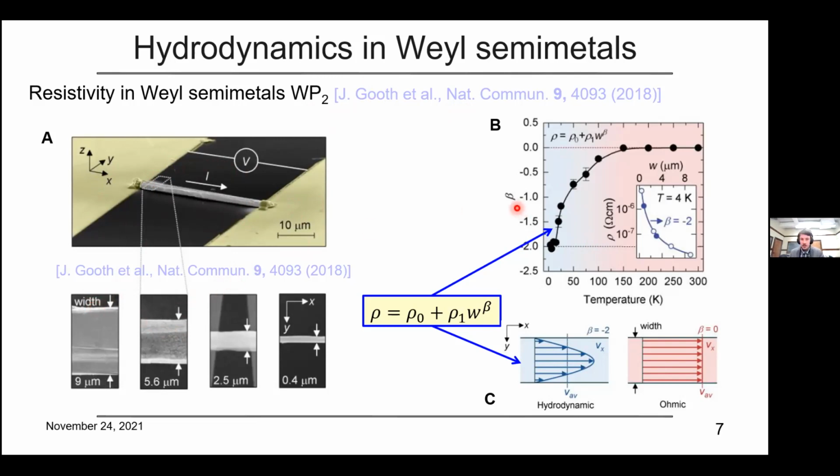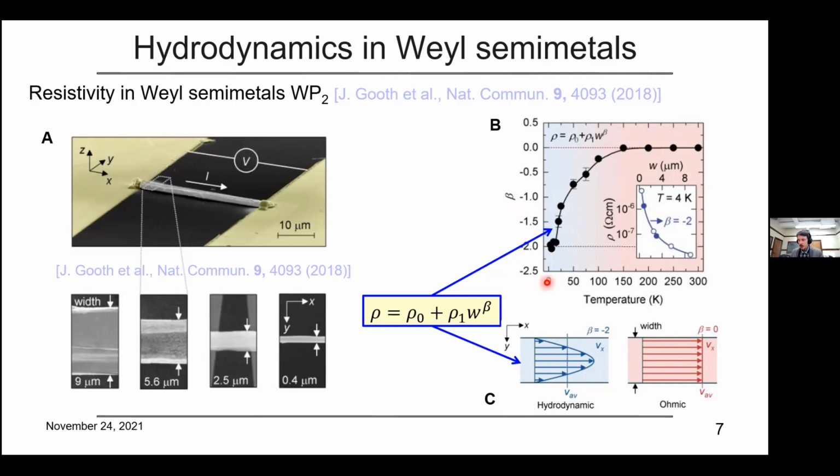So they found the following interesting feature. When the temperature is large, the resistivity of the wire was not a function of its width. Well, something that we do expect from even school level physics: resistivity is a property of a material, not a sample. But for sufficiently small temperatures, they observed the dependence of the resistivity on the width of the wire.